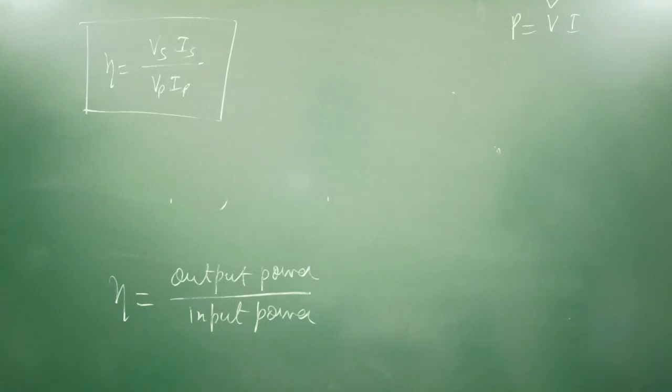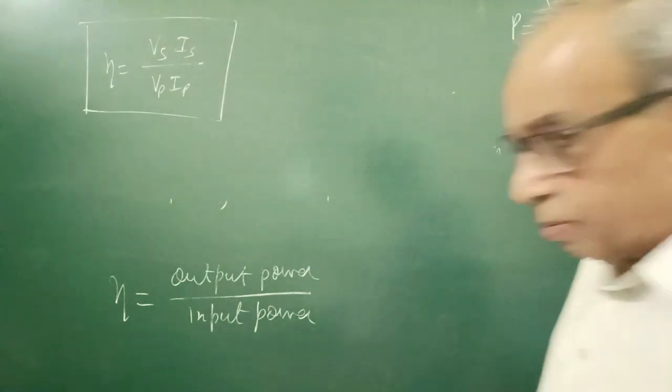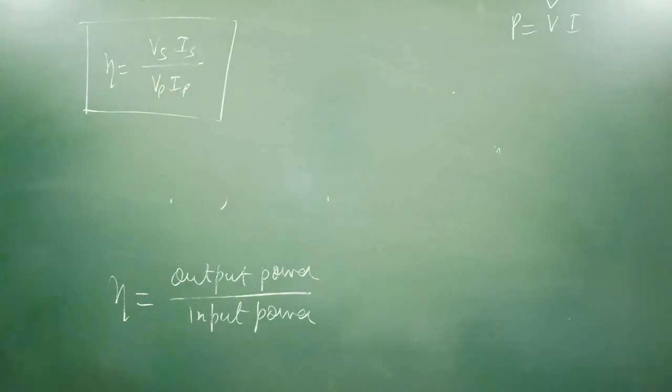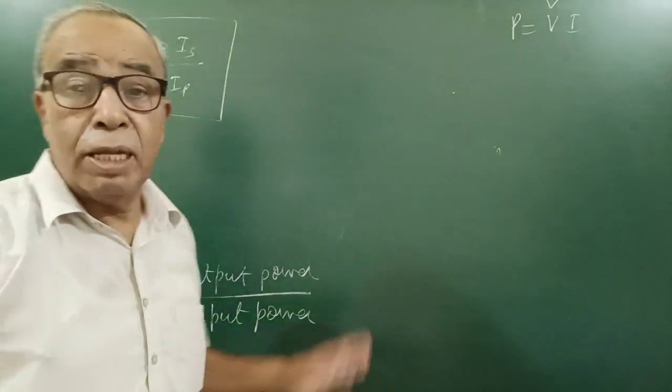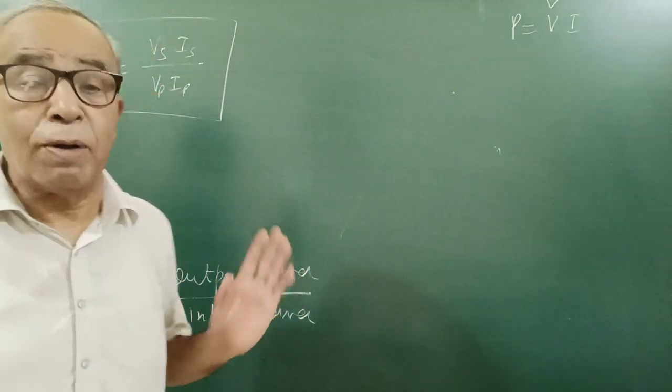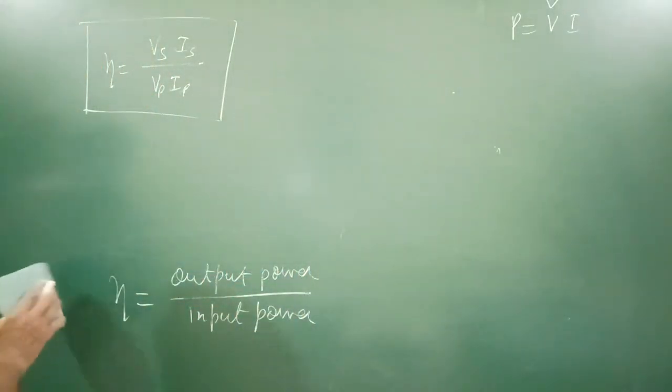No machine has efficiency more than or equal to 100%. Some energy is always lost by the machine in the form of heat due to different reasons. Different machines have different reasons for power loss. I will discuss them later on.